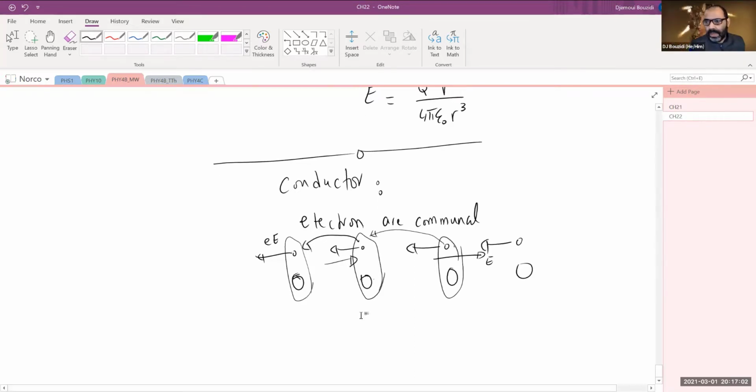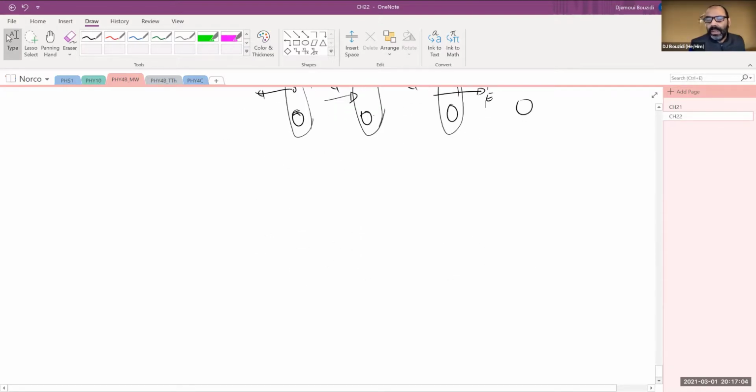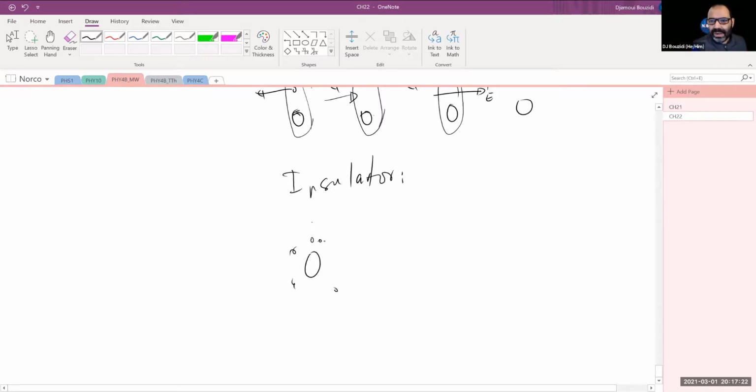Versus an insulator, which has a different picture. Insulators are, for example, wood and air. If air is not an insulator, we'll have a problem before us. So in this case, you have an atom and it has its electrons. They are all in here.